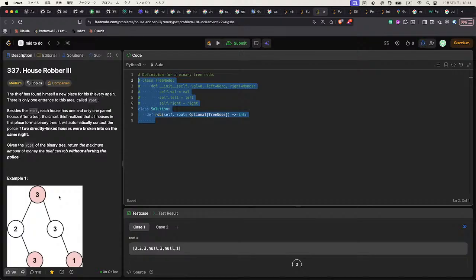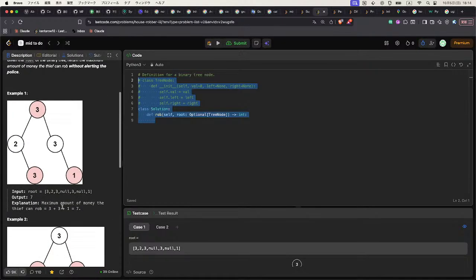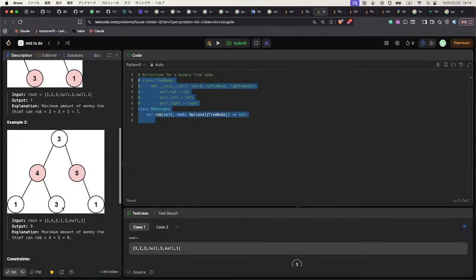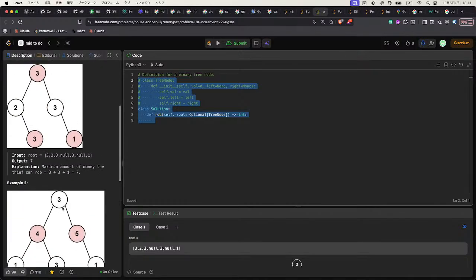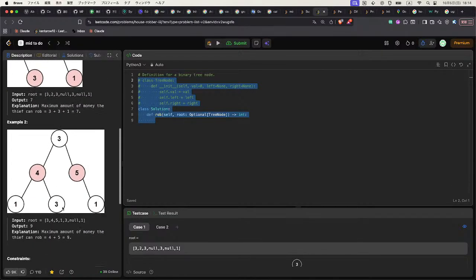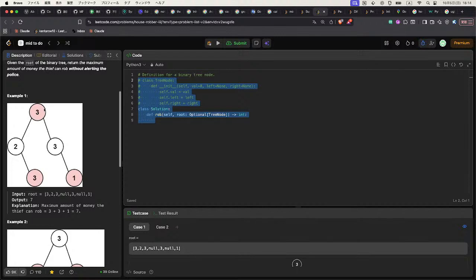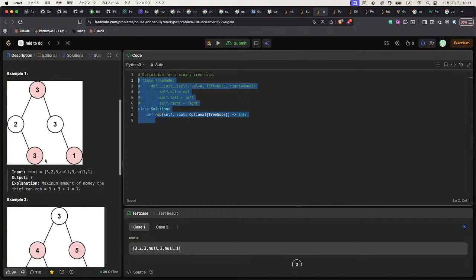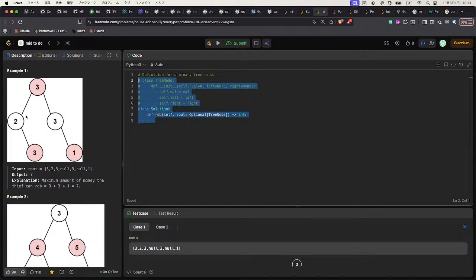Do we have to generate all possible combinations? In this case, all possible combinations means the node IDs to pick. So 1, 2, 3.